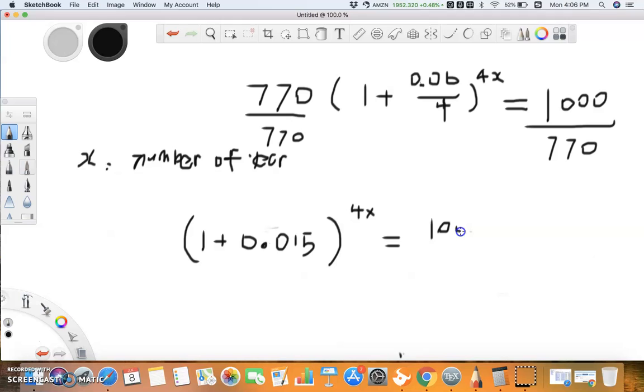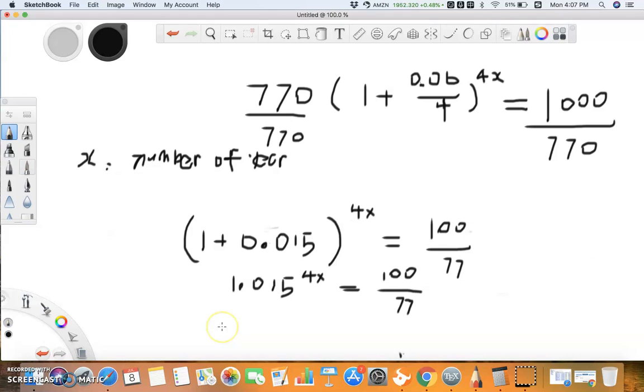And 1,000 over 770 is going to be 100 over 77. So 1.015 to the power 4x equals 100 over 77.